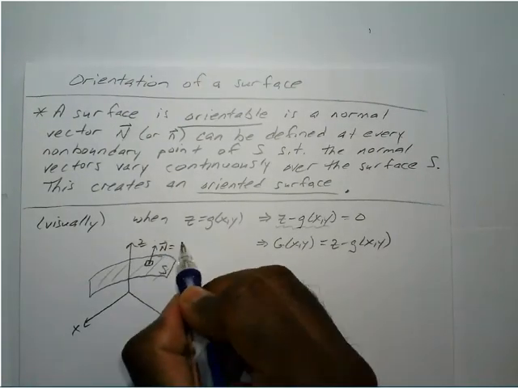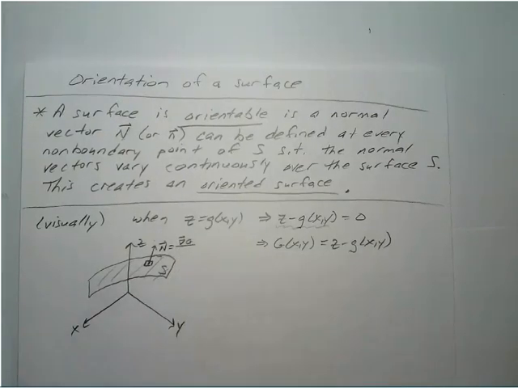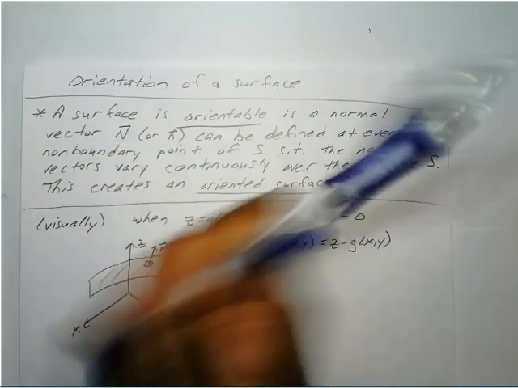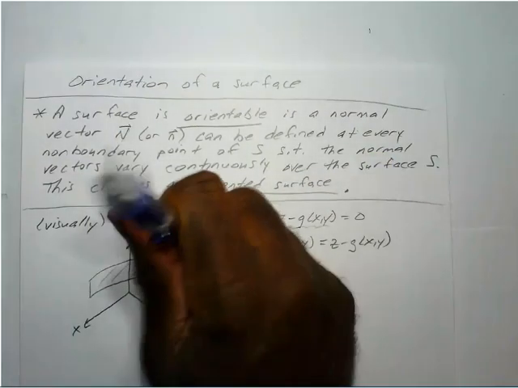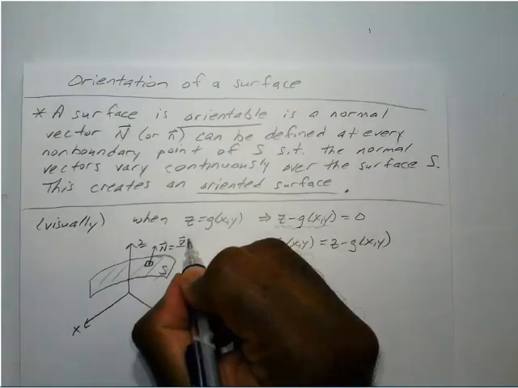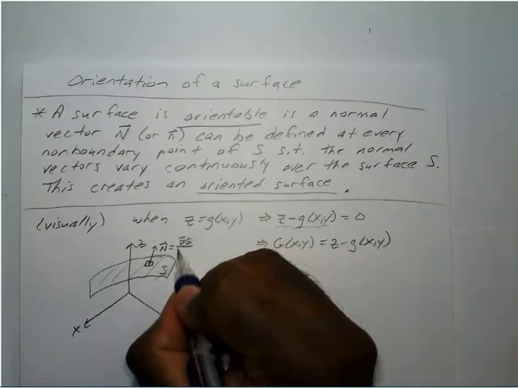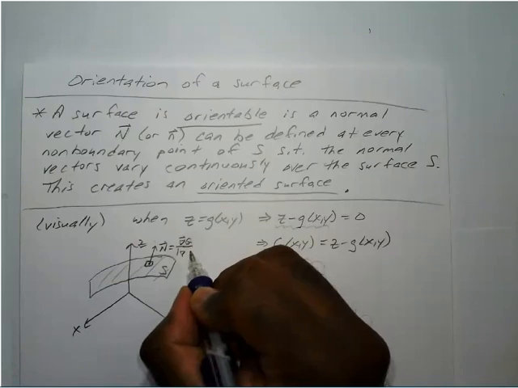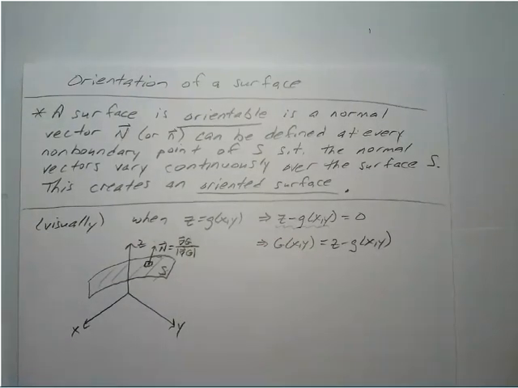Okay, we know our normal vector is equal to the gradient of G. So you have the gradient of our uppercase G over the magnitude of the gradient of our uppercase G, or G of x, y. Okay.